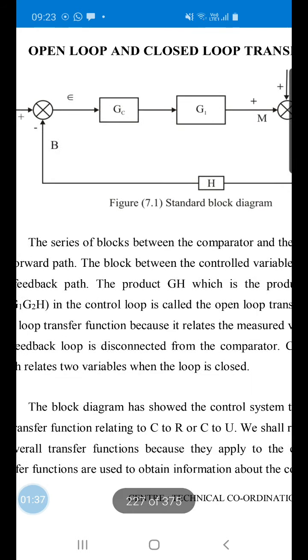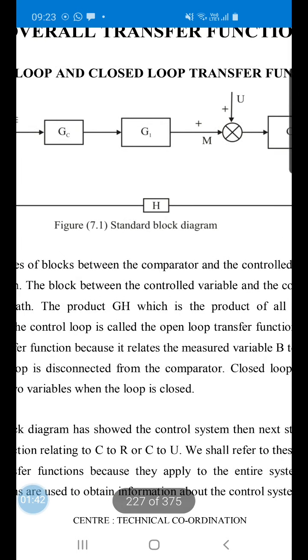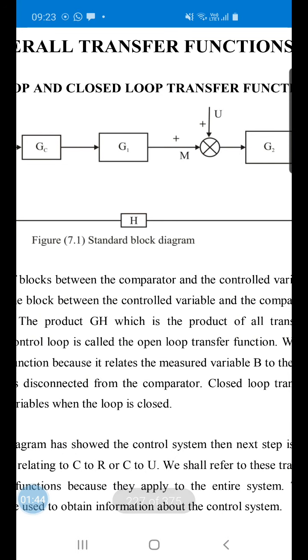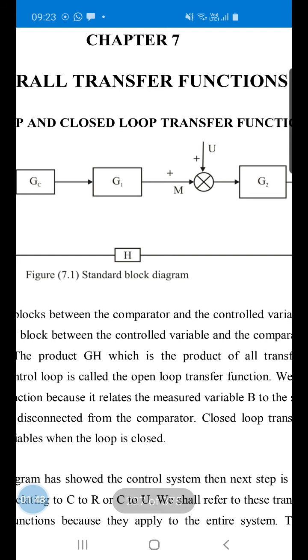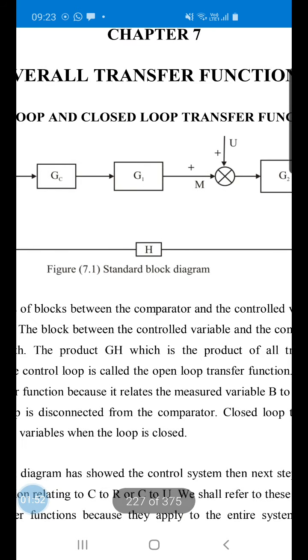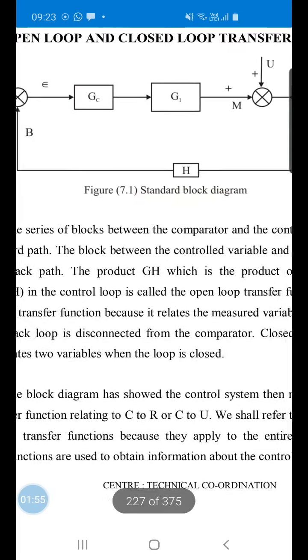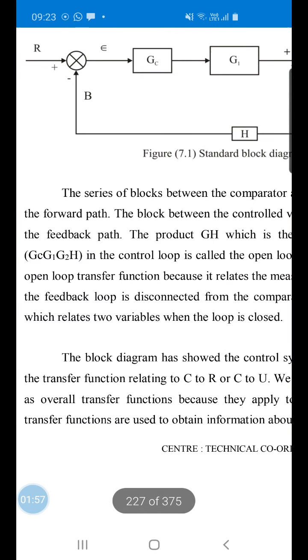The product G into H, which is the product of all the transfer functions, where G is Gc, G1 and G2, and H is the feedback transfer function, so Gc, G1, G2, H, is called the open loop transfer function.